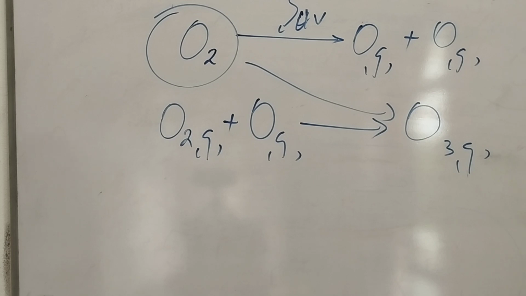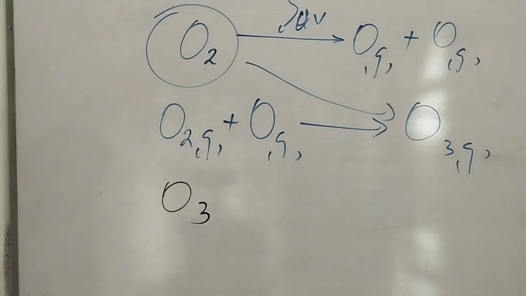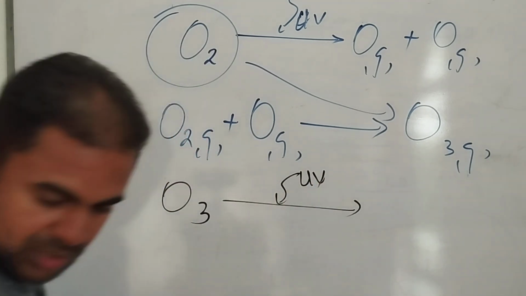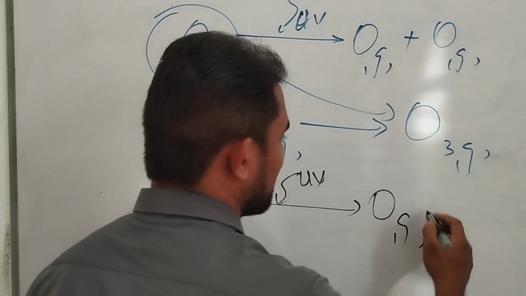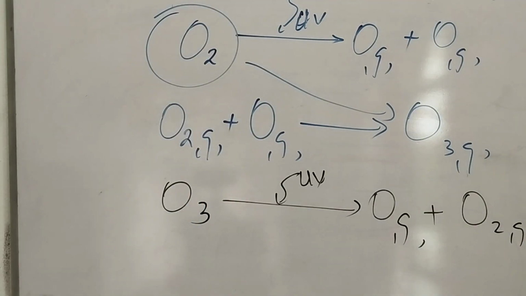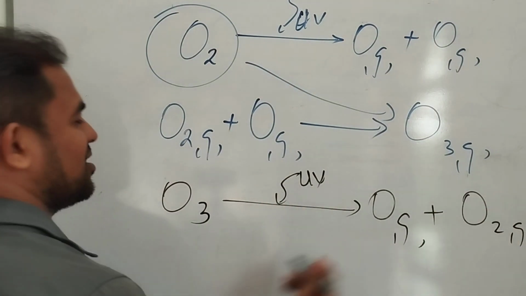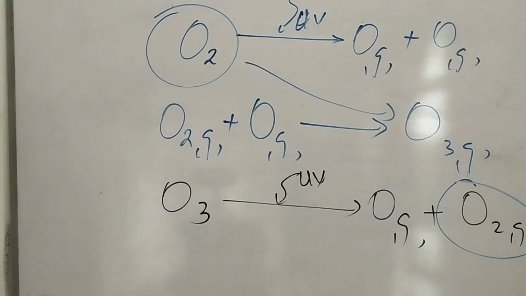And the second thing is that O3 gas also absorbs UV, and it becomes O and O2 gas. So from the O3, O2 has been produced.